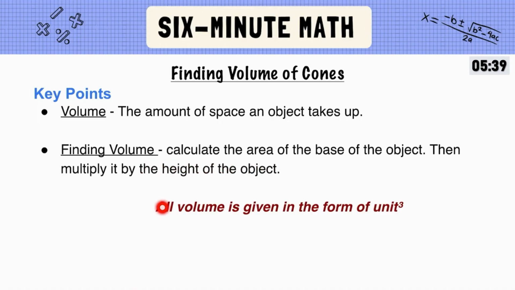For our cones, we do have a little trick we need to involve in that process, which will be explained further shortly. Please remember that all volume is given in the form of unit cubed. As mentioned earlier, volume is a 3-dimensional concept, so we are always going to cube our final answers in the unit.